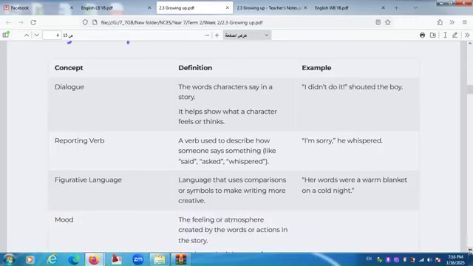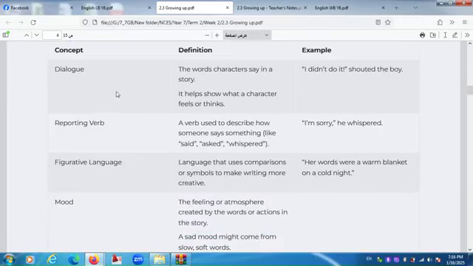First, let's revise or remember with each other some concepts or some terms, if you wish to say. Dialogue: it's the words that characters say in a story, and it helps to show what a character feels or thinks. Example: I don't do it, or I didn't do it, or I don't think so. Anything can be put inside inverted commas or quotation marks like this one.